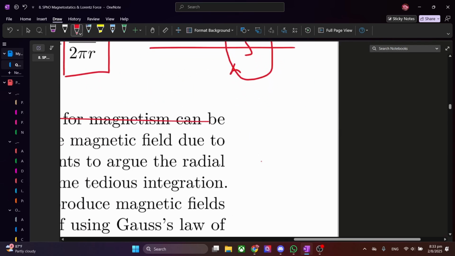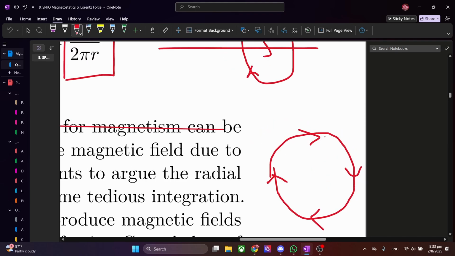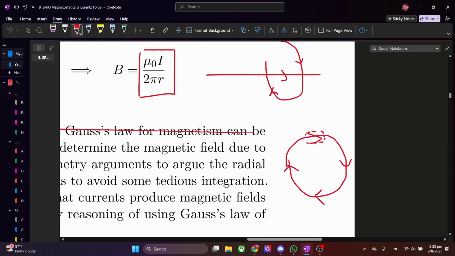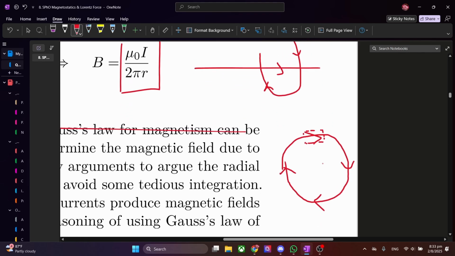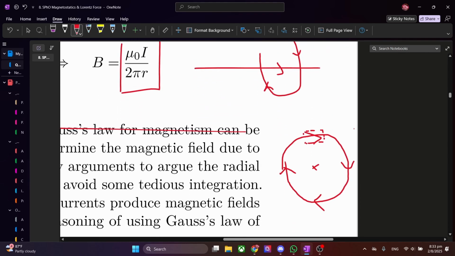For example, if we had a circular loop of current instead, and you wanted to determine the magnetic field at the center, you know that if you consider this small infinitesimal segment here, it will generate its own magnetic field that's pointing downward into the page, as guaranteed by the right hand rule. You can argue the exact same for every other infinitesimal element along this wire.